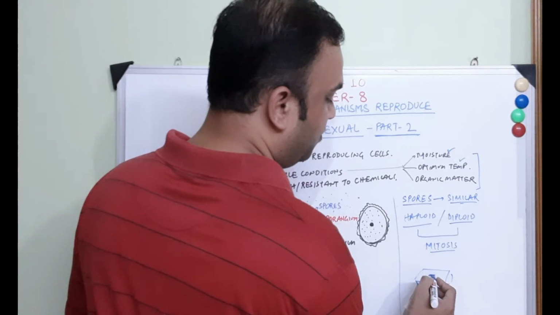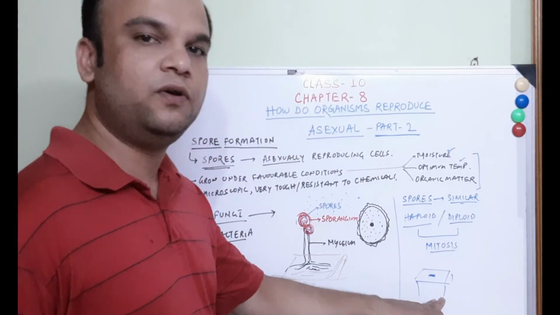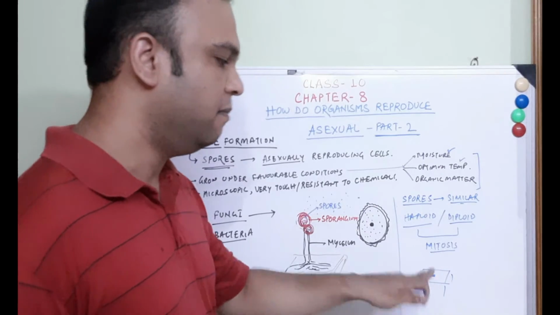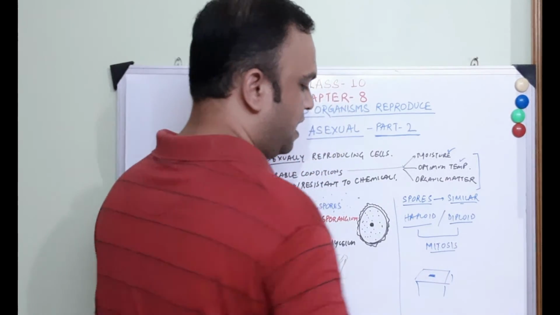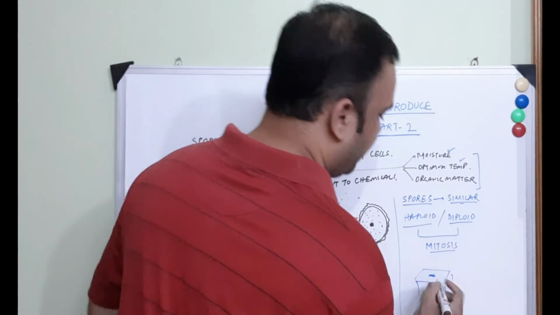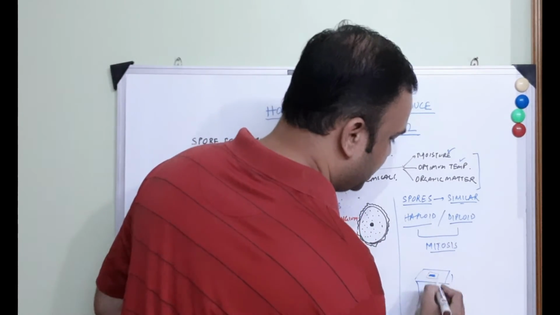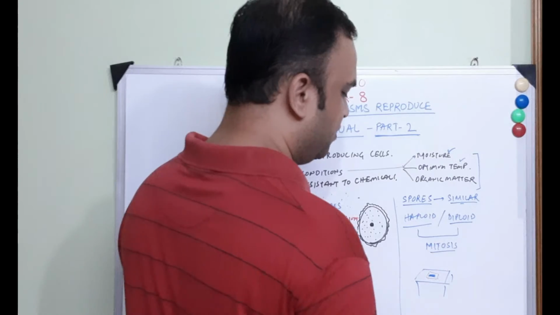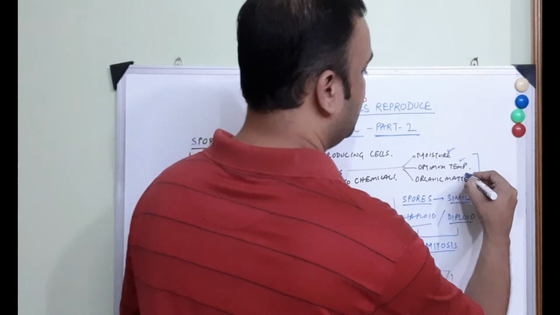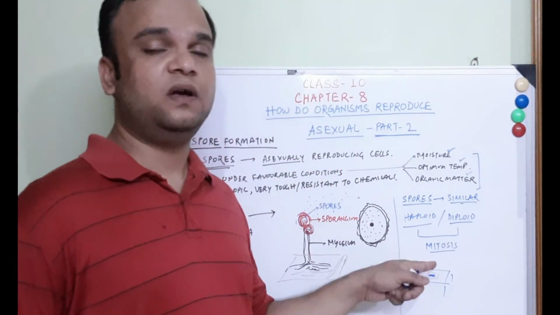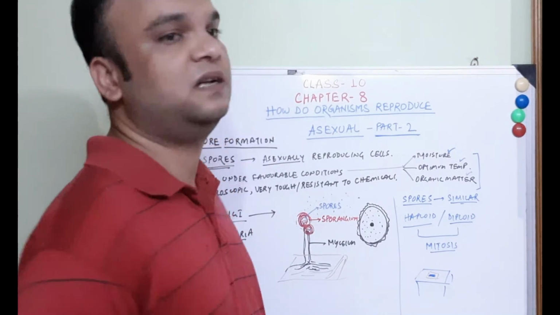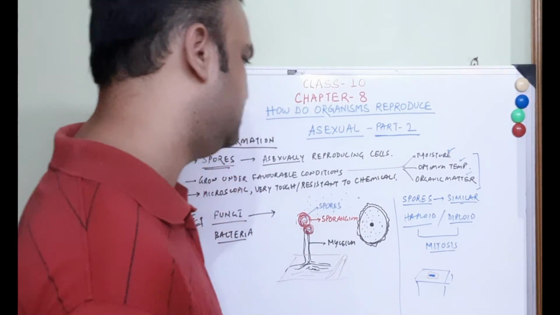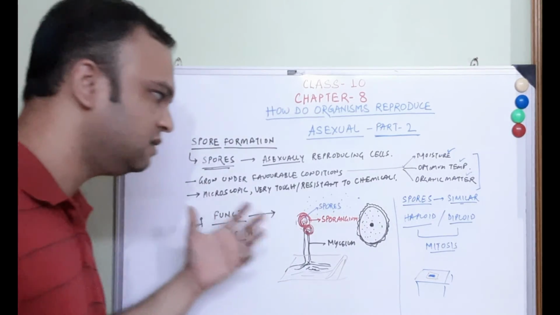If spores fall upon this, they will not be able to grow into a new organism. But at the same time, if you put a bread upon this particular table, and you have provided the moisture and the temperature, then this bread which is present over it is organic matter. So organic matter will help it grow, and that is why all the three factors are very, very important for the growth of the fungus, for the growth of these spores.